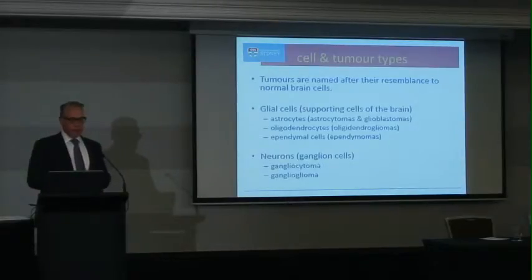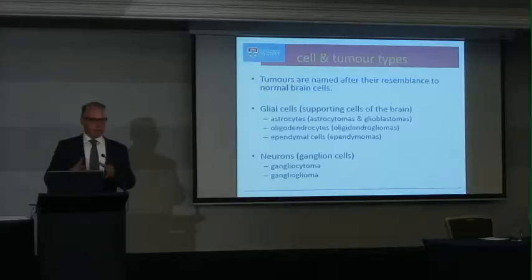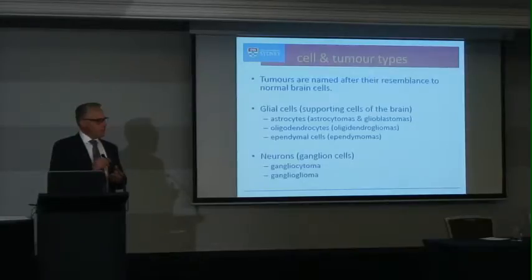The most common one is the astrocyte. If the tumour down the microscope looks like it's composed of astrocytes, we call it an astrocytoma, or if it's a very high-grade tumour, then a glioblastoma. The oligodendrocytes produce myelin, which is the fatty coating over the nerve processes.